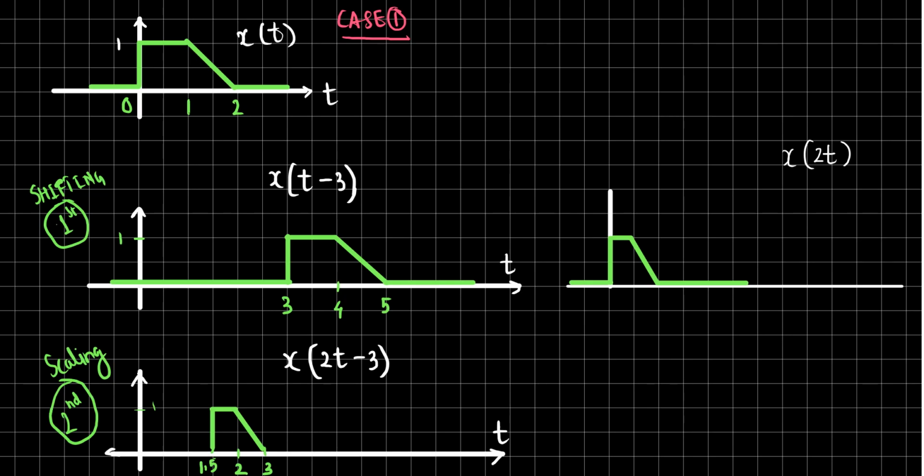The axis is t. What is the signal? This is x of 2t. We have simply done the scaling first.